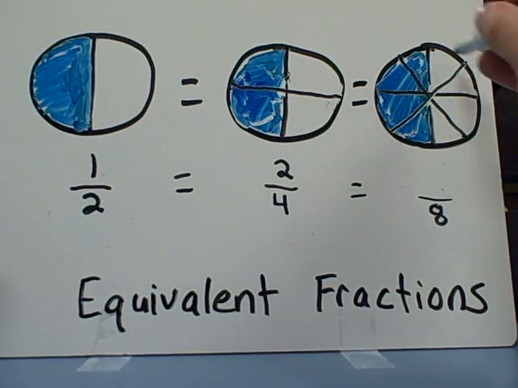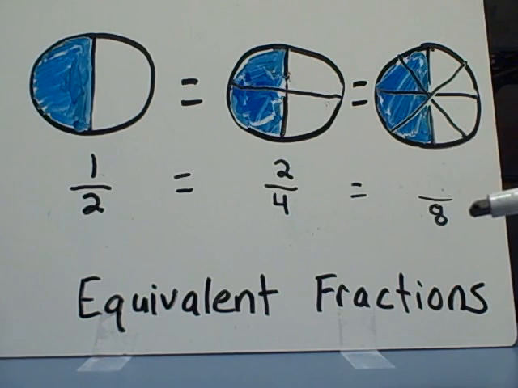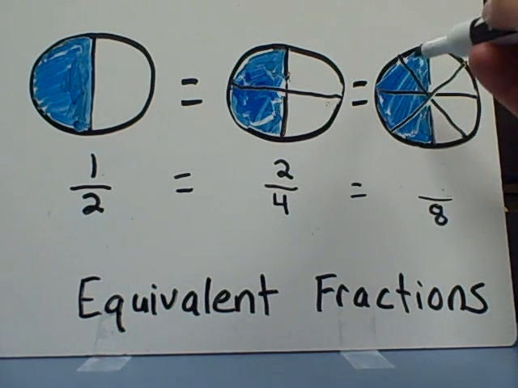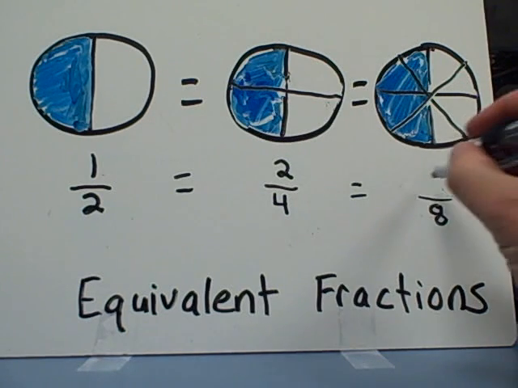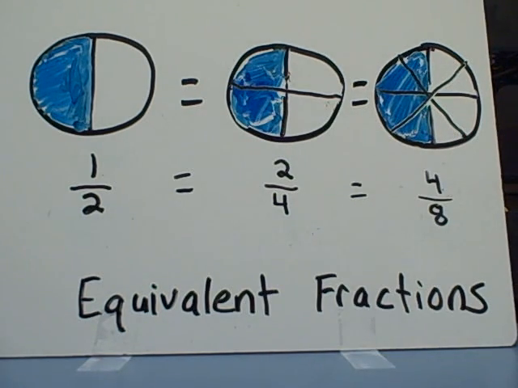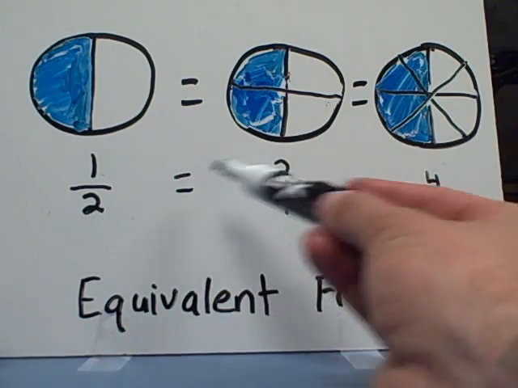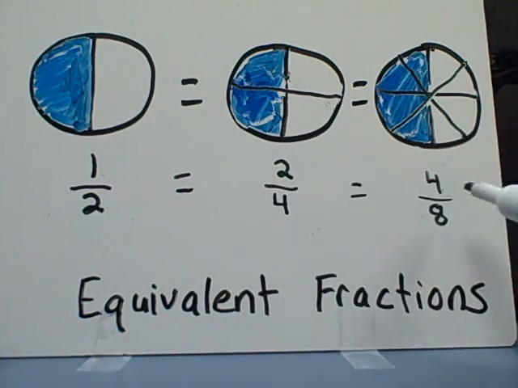Now I have 8 equal parts to make up the whole. And how many 1/8 do I have? 4. So the equivalent fraction chain for this is 1/2 equals 2/4 equals 4/8. And that's an equivalent fraction chain.